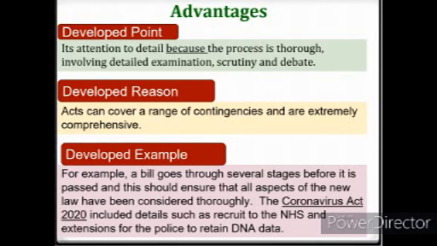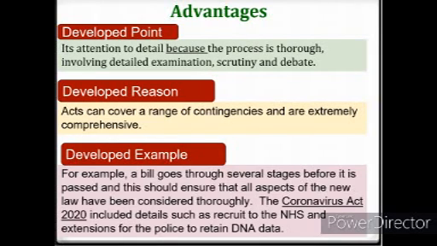In fact, unlike several other countries in the world, the UK statutes often cover lots and lots of contingencies, lots of scenarios. UK legislation is really detailed compared to, for instance, a lot of European countries.